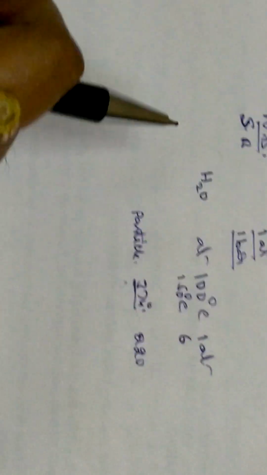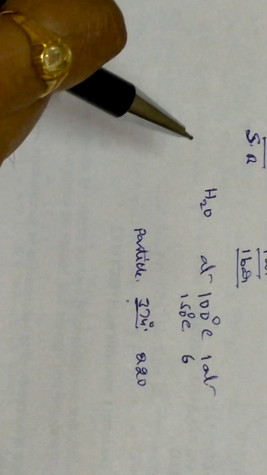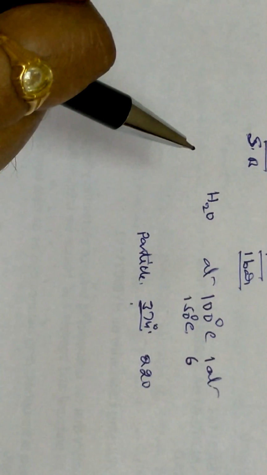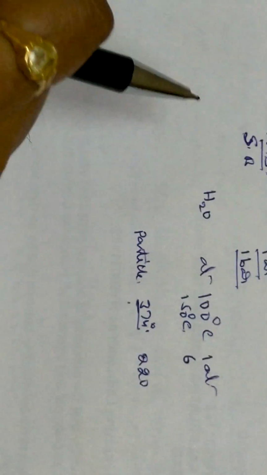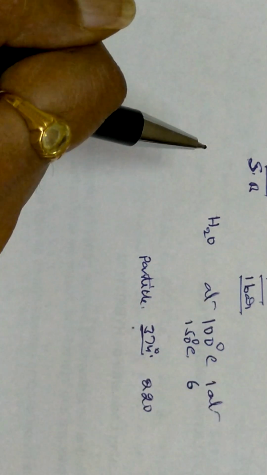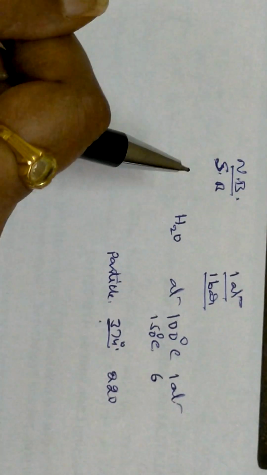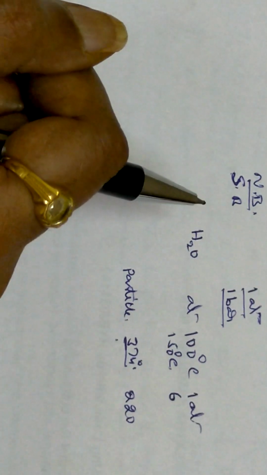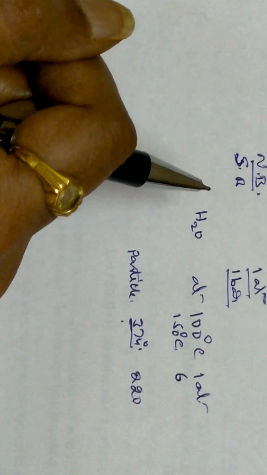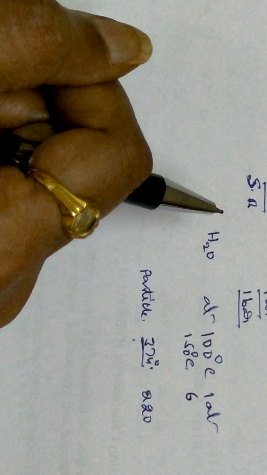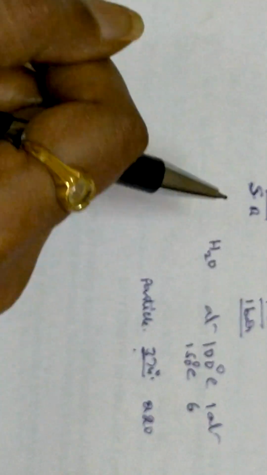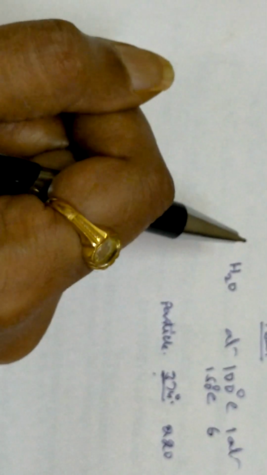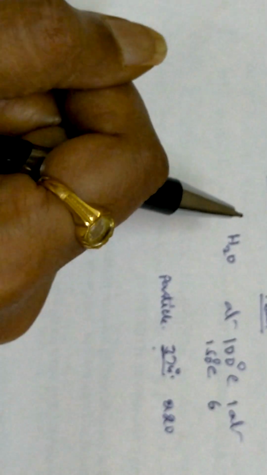One more way of defining the critical temperature: suppose you take a cooker, with the lid totally closed, and you go on heating it. In a closed vessel it will not boil.